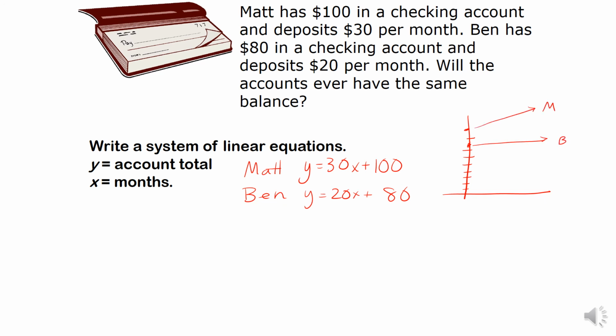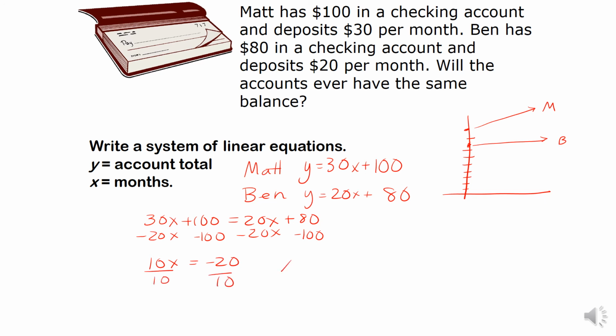this is Ben. So if I set them equal to each other, I'm going to subtract 20x from both sides, keep my x's positive. I get 10x equals, then I'm going to subtract 100, and I get negative 20, divide by 10, and I get x equals negative 2.